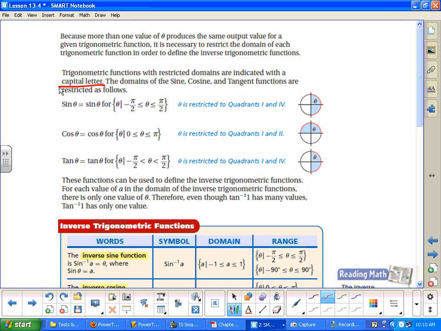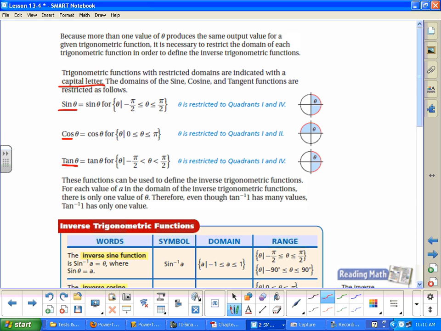The domains of sine, cosine, and tangent functions are restricted as follows. Okay? So we're using a capital letter if it's a restricted domain.